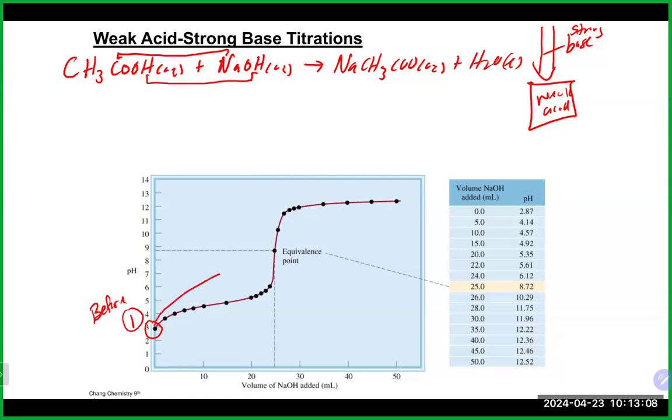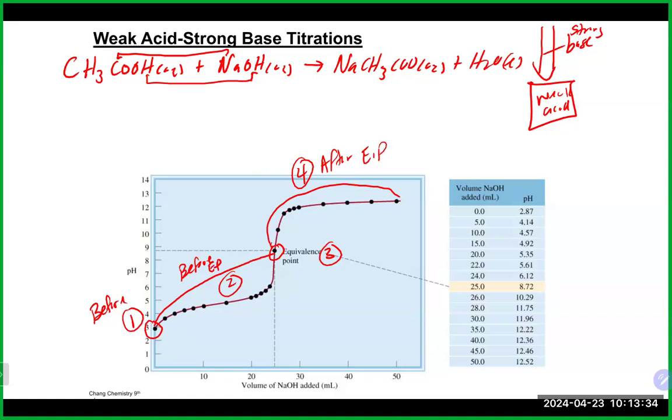The second spot is once you start adding, but before the equivalence point. The third spot is at the equivalence point. And just like the previous one, after you go past the equivalence point until you stop, that would be after the equivalence point. So once again, these are the four important areas of this titration curve.